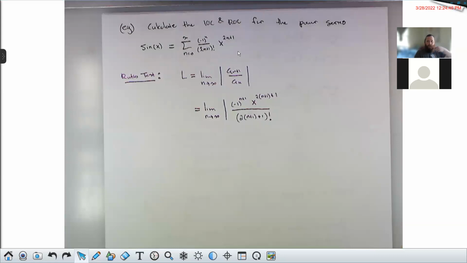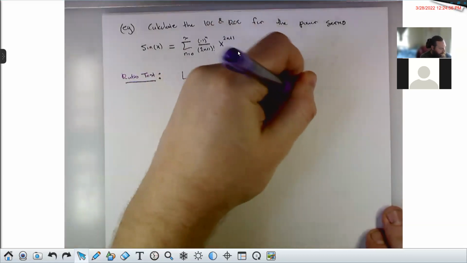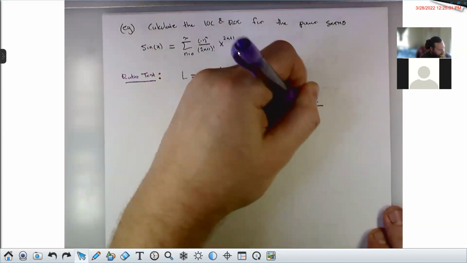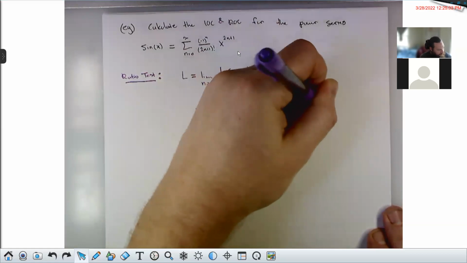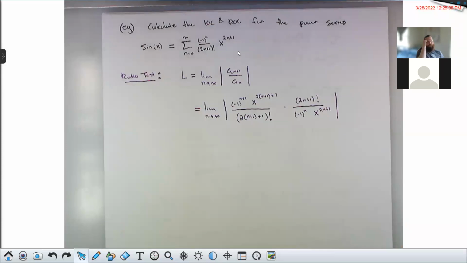And then rather than dividing by a_n, I'm going to flip and multiply by a_n. So that gives me (2n plus 1) factorial divided by negative 1 to the n, x to the 2n plus 1. There it is. Might look a little scary, but don't worry, it's not. We just need to simplify this power and this expression, and then put the similar pieces together.